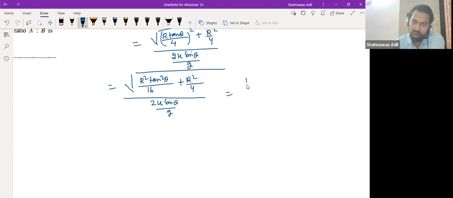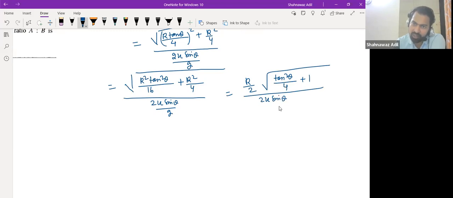So r square by 4 is common, so r by 2 taken outside, and then root of tan square theta by 4 plus 1, divided by 2u sine theta by g.